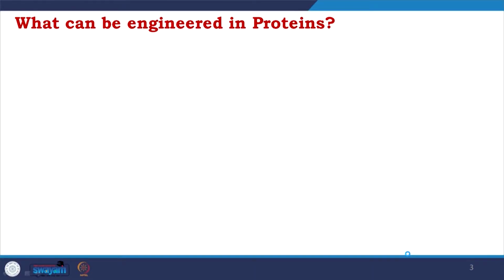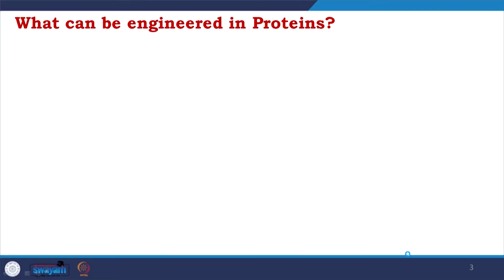To start with, I have kept a few questions and am answering them so that you will understand how the process is going on. What can be engineered in proteins? We have the protein. What actually is our target? One of the things is folding.